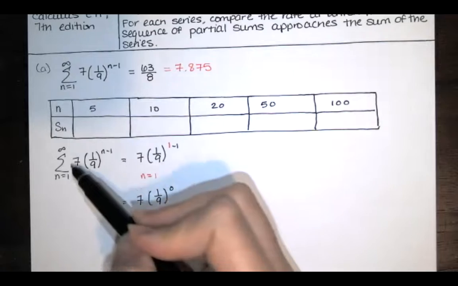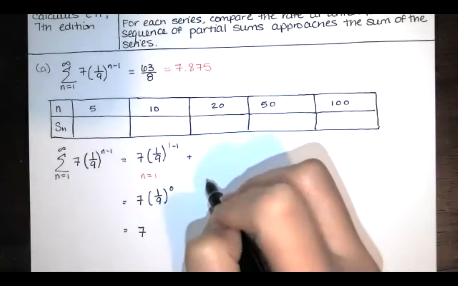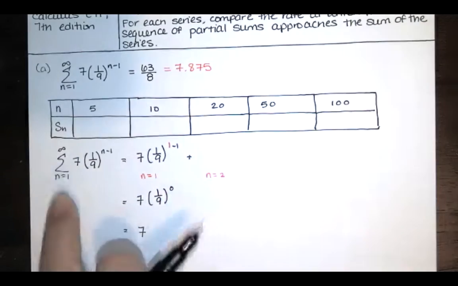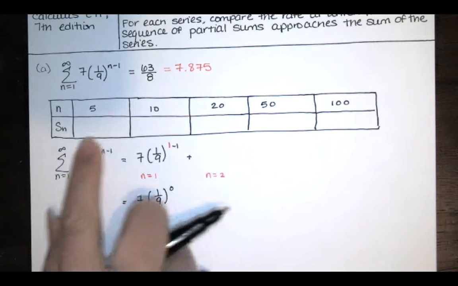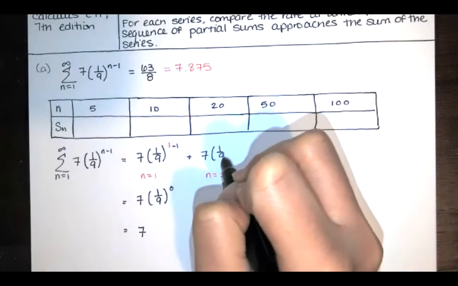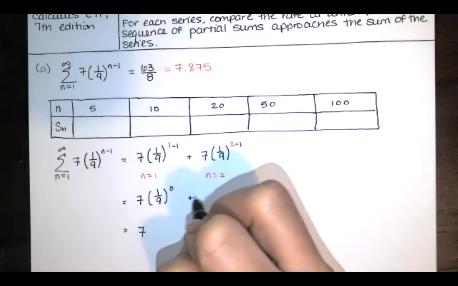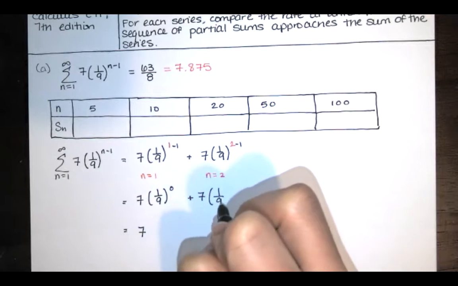That's our n equals 1 term, and then this says add. So you want to substitute in n equals 2. You let the index increase by 1, and you evaluate that expression at n equals 2. And of course, 2 minus 1 is just 1. So this is 7 times 1/9.